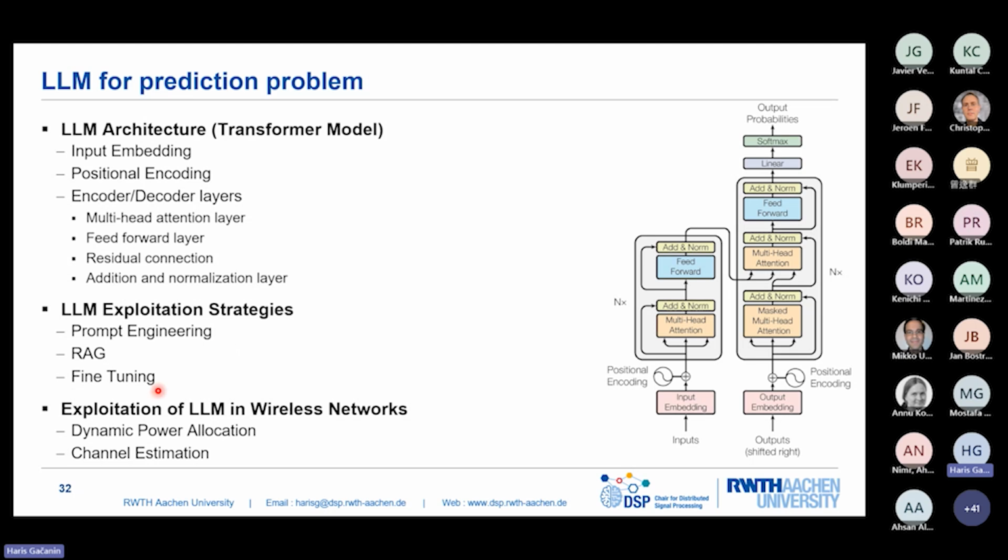So from our side, we are looking into two challenges: the dynamic resource allocation for the LLMs and the channel estimation aspect of it, so that we see how one or both of these methods may be improved with the adoption of large language models, particularly looking into fine-tuning as the exploration strategy.